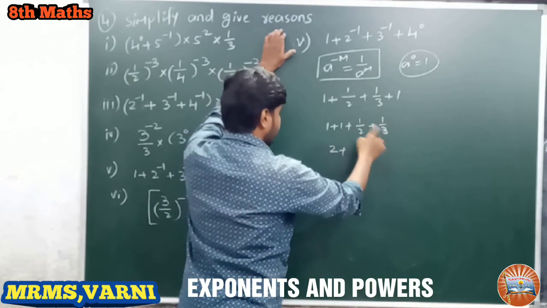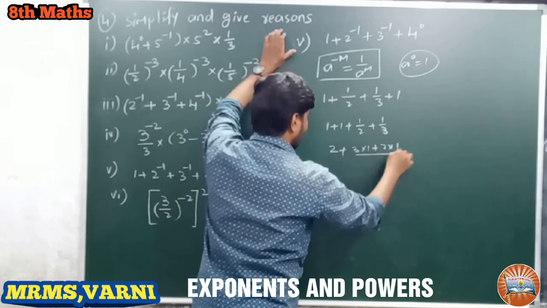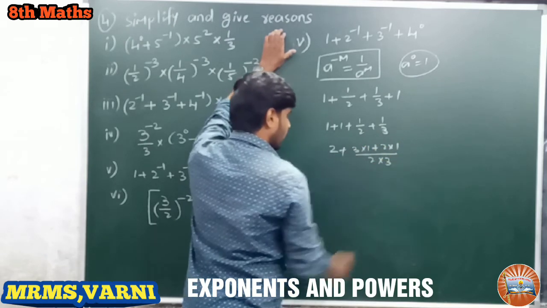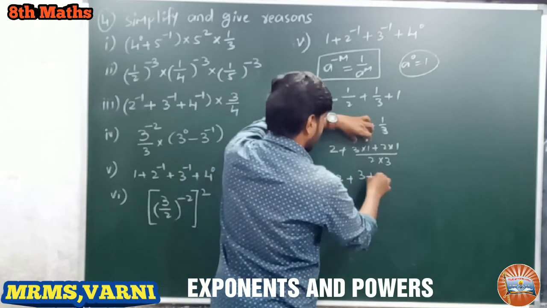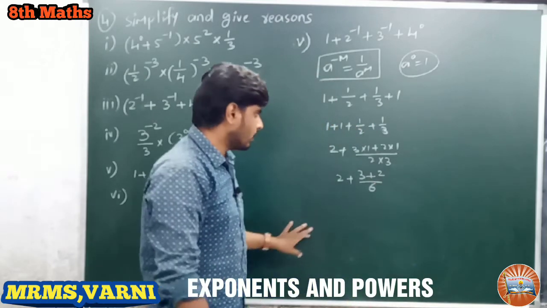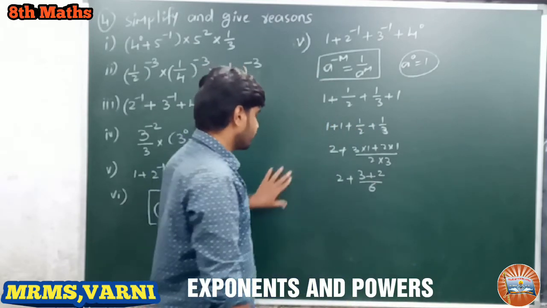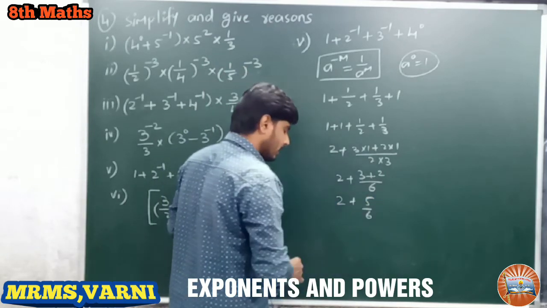Take the cross multiplication between these two. 3 into 1 plus 2 into 1 by 2 into 3, and 2 plus 3 plus 2 by 6. Did you get this? I have written clearly here. 2 plus 5 by 6 it is.